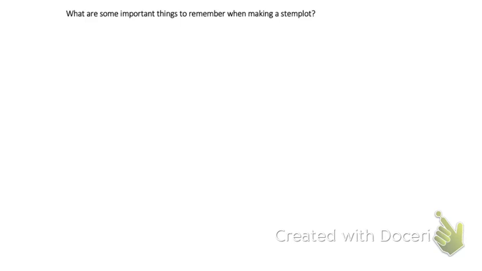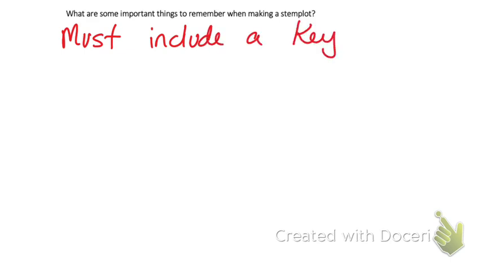All right, what are some important things to remember when you are making a stem plot? Make sure you must include a key. The number one reason that people do not get 100 on the first test is because they leave a key off their stem plot. I'm just teasing.